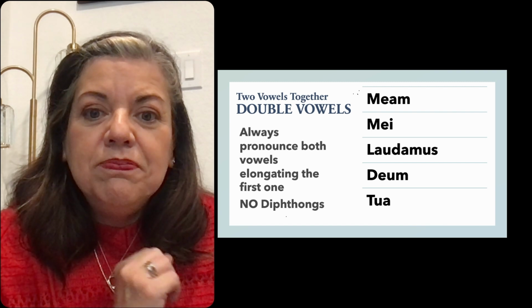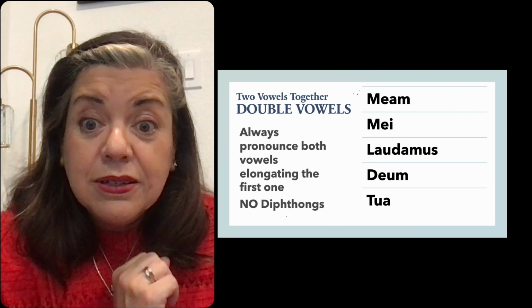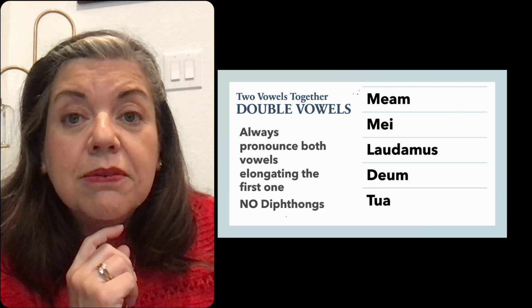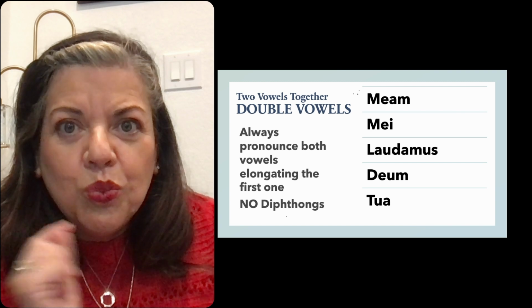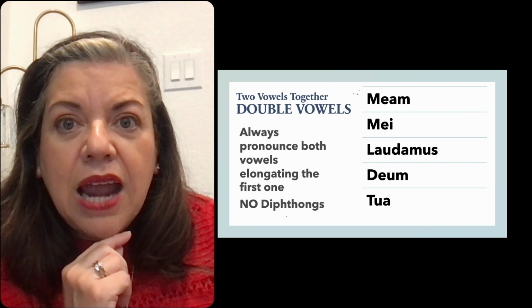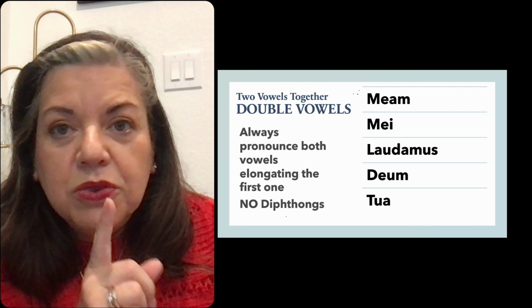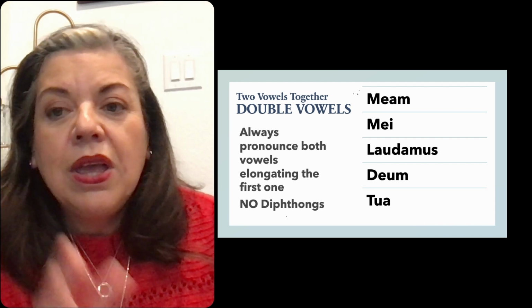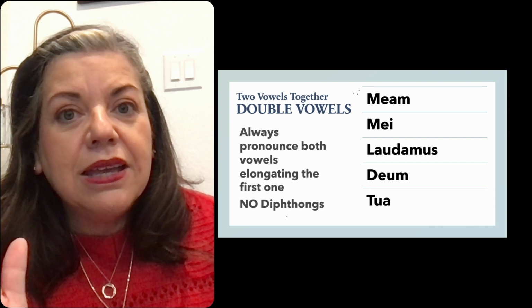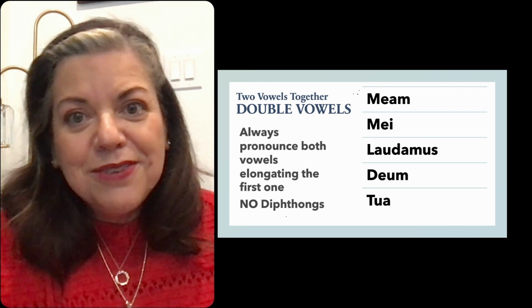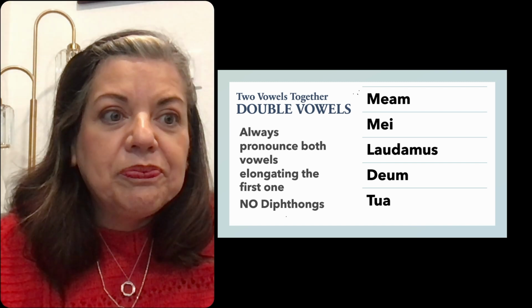When I say beware of the diphthongs, sometimes we say meyam and add a Y sound there. Don't elongate and add a Y sound in there. Meyam, no. Meam, mei, meam, mei. All right? So that's double vowels.